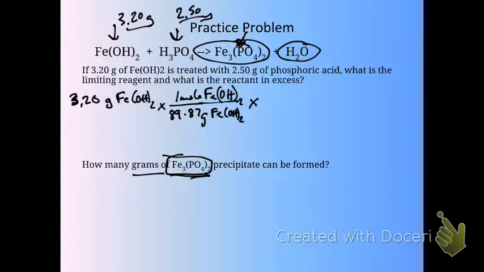Then we didn't balance this equation, did we? Well, you've got to balance the equation first, don't you? So let's balance this quickly. Oh, this is going to be interesting. For sure, we're going to have a 2 here, and we're going to need a 3 here because of the iron.